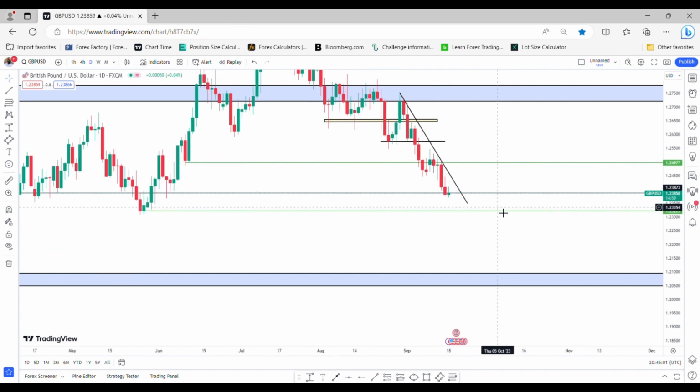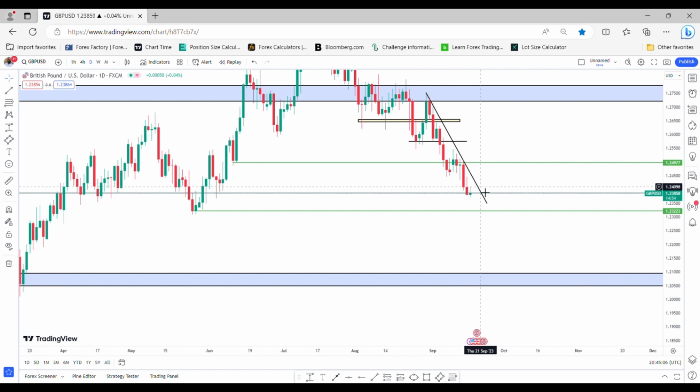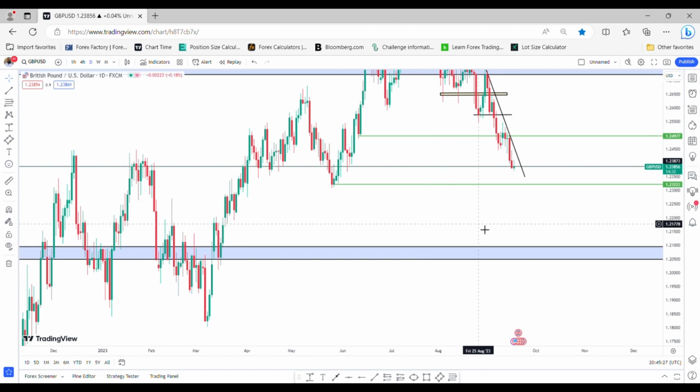That area is 1.2387. The truth is, price might hold strongly here and then begin to shoot up, and that would change our bias. However, I believe that this area will definitely break. Once the 1.2387 support level breaks and becomes a significant area of resistance, trust me, the next target level for the pound USD is going to be 1.2099.